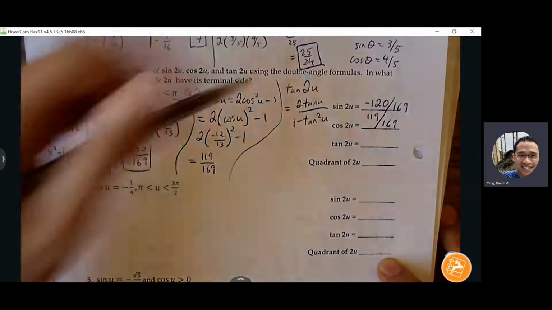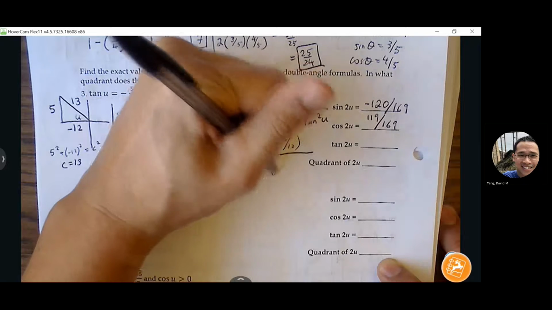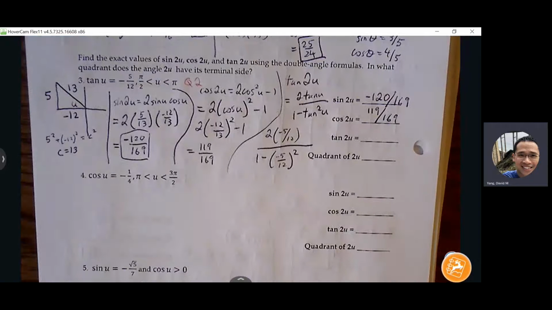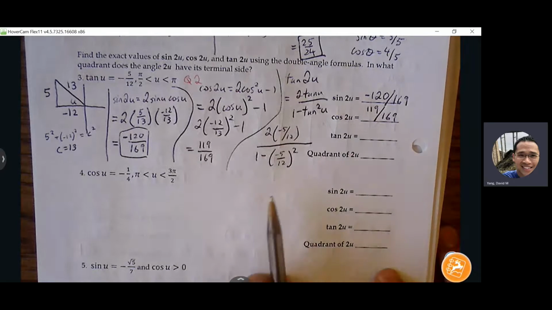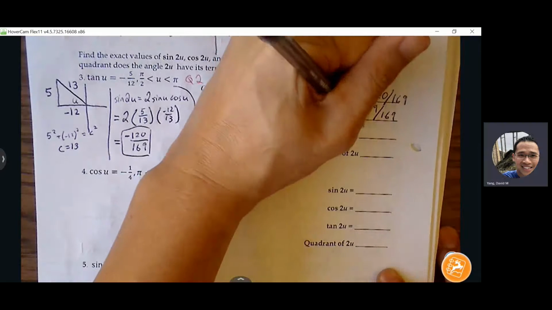Okay, so negative 5/12. Insert this into your calculator, get down to a manageable fraction.